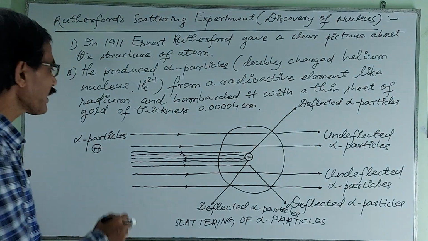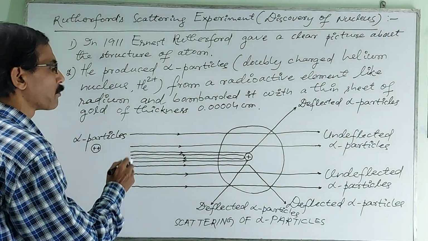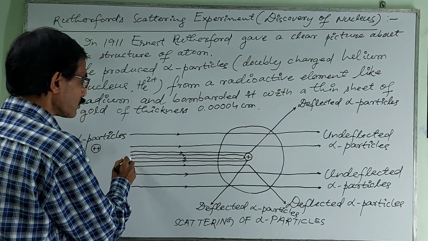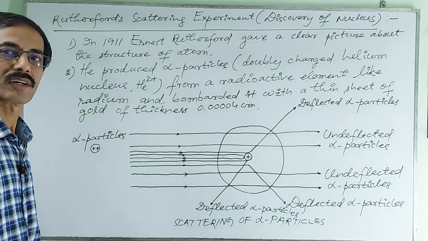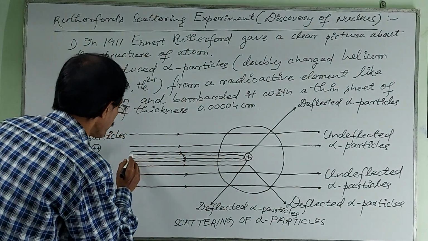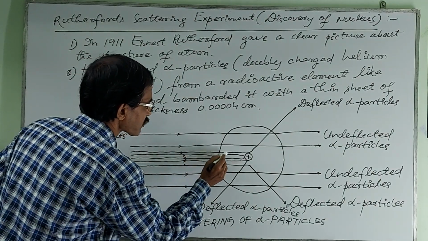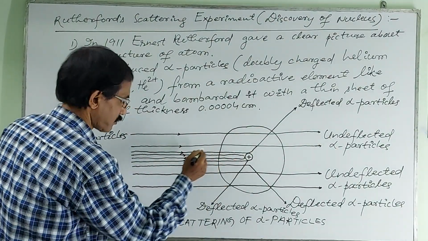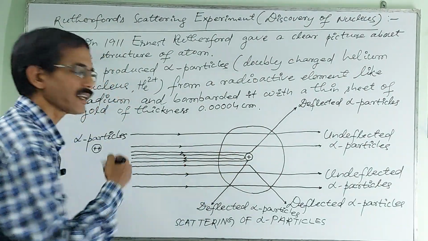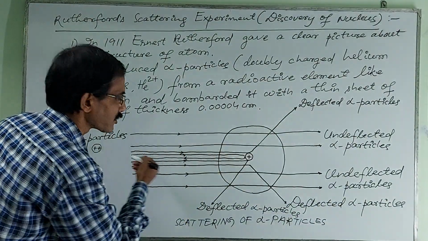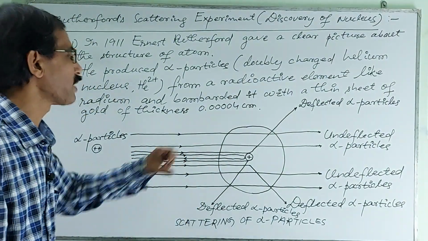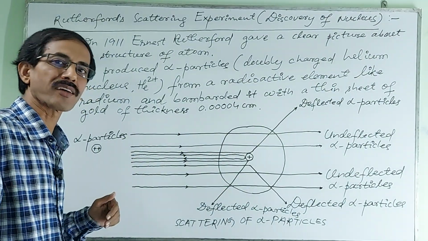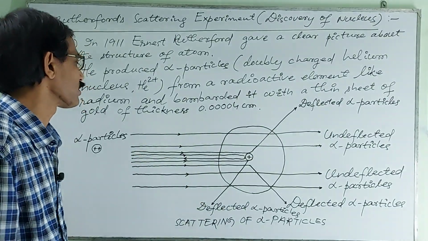And 1 out of 20,000 alpha particles deflected backwards after retracing the path. This is one alpha particle deflected backwards after passing through the gold foil by retracing the path. What do you mean by retracing the path? Go back over the same path, that is retracing the path.